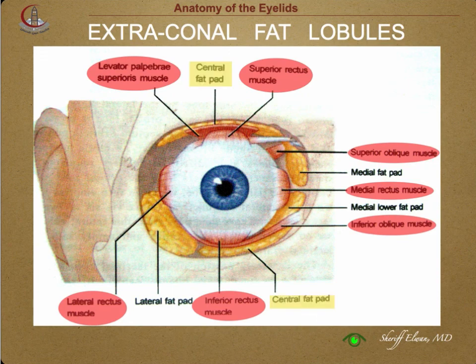First of all, we have the central pad of fat, which is central around the group, together with the medial fat pad between the superior oblique, inferior oblique on one side and the medial rectus on the other side. And then the lateral fat pad, which is lateral in the orbit below the lateral rectus muscle.